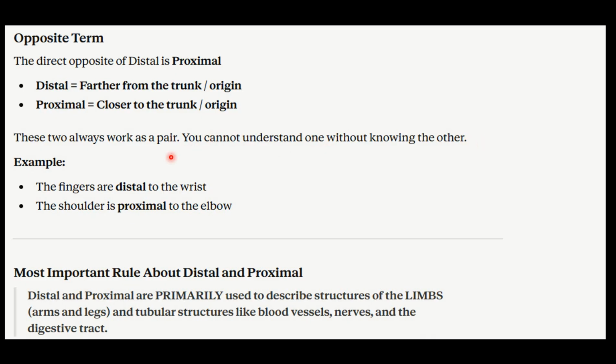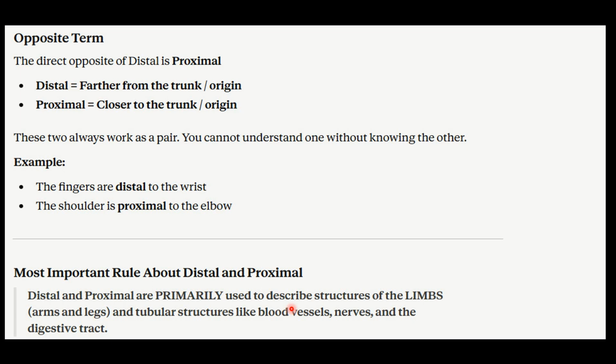For example, the fingers are distal to the wrist, and the shoulder is proximal to the elbow. The most important rule about distal and proximal is that they are primarily used to describe the structure of the limbs, like arms and legs, and tubular structures like blood vessels, nerves, and the digestive tract.